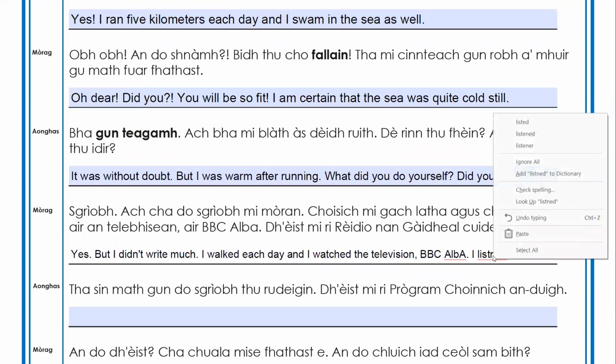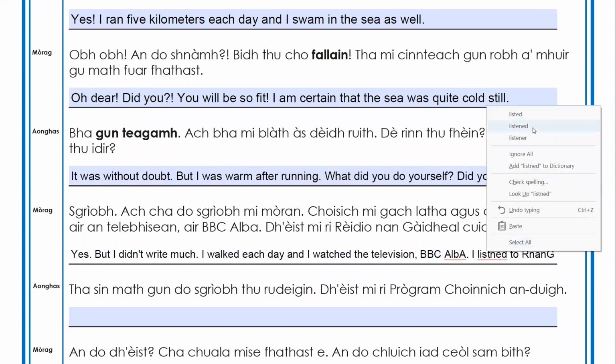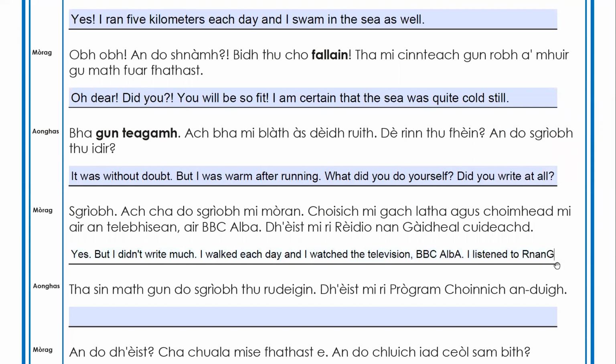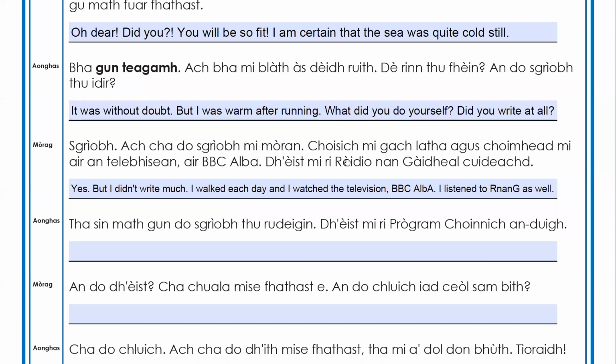I'll not write that out again. And the name of that program, it's normally just radio spelt in English, radio in Gael. There is a Gaelic spelling of radio, which is radio.